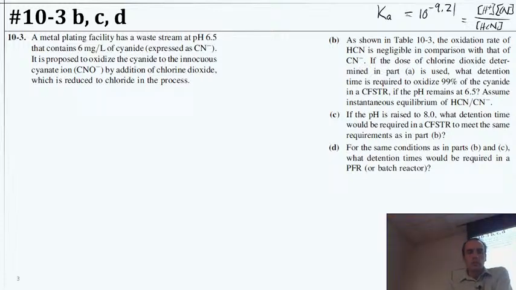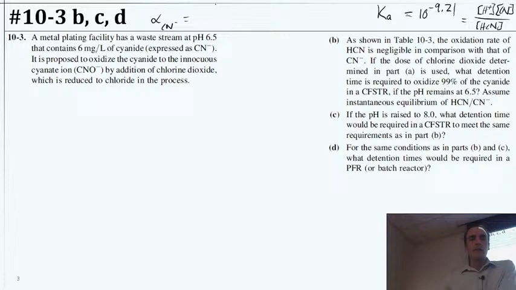Another thing we can do is define the fraction that is in the form of CN minus. You may have seen this before, we sometimes call them alpha fractions. I didn't really go into much depth in this, but we did look at how to solve these problems with the equilibrium, so this should make some sense. This is just a way to formalize the portion.